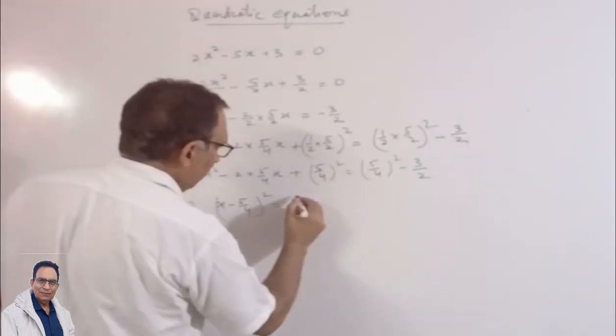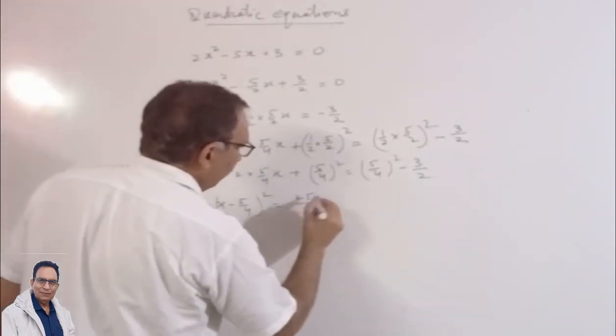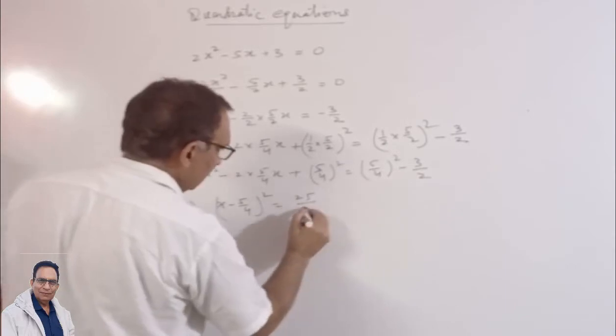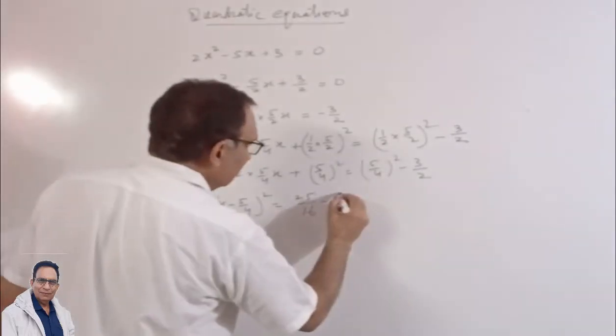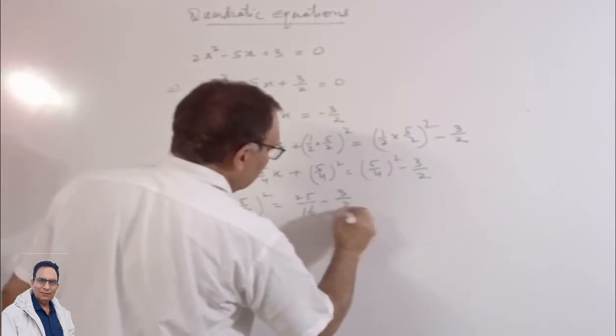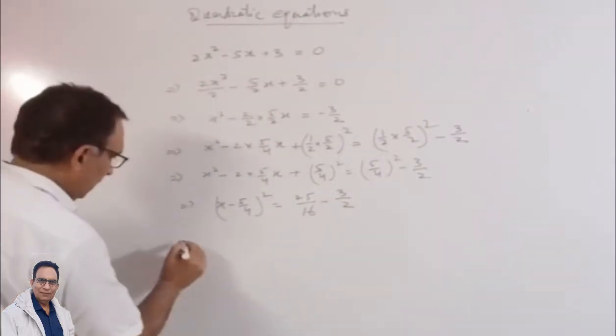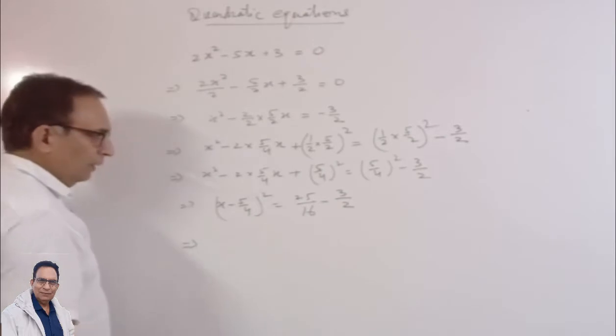just open this bracket, you will be getting 5 raised to the power 2 is 25 and 4 raised to the power 2 is 16. Minus, write 3 over 2. Now solve this part.